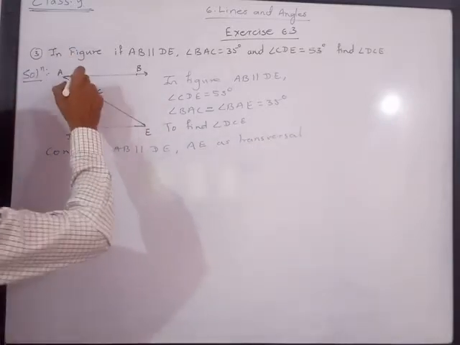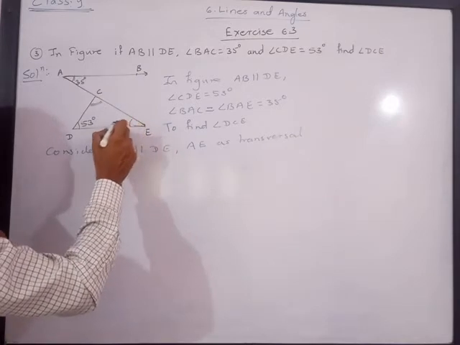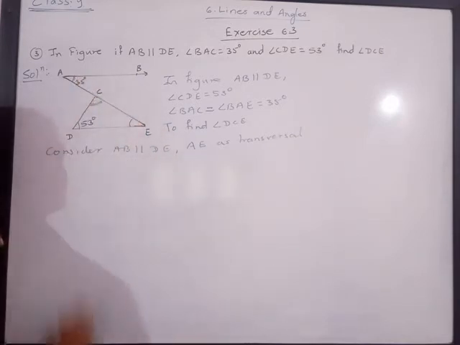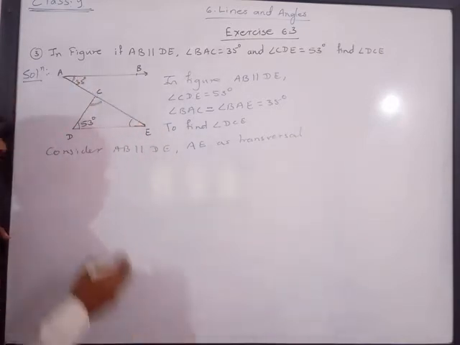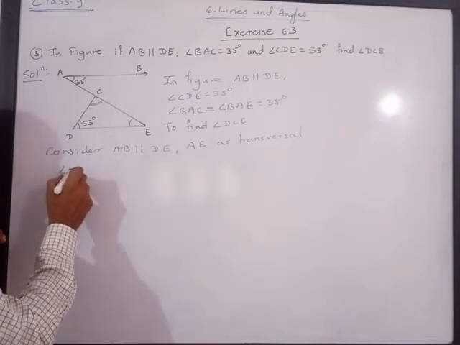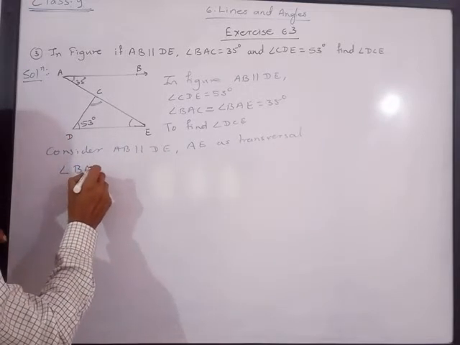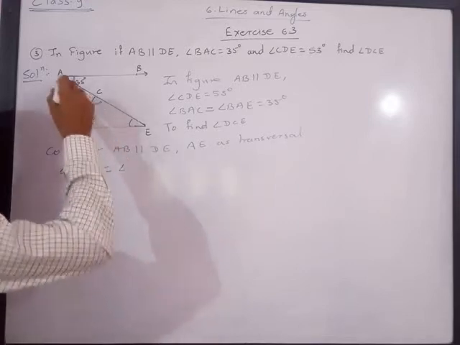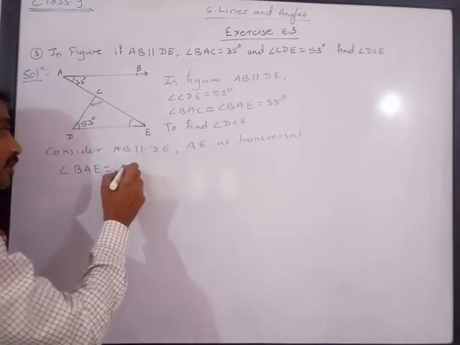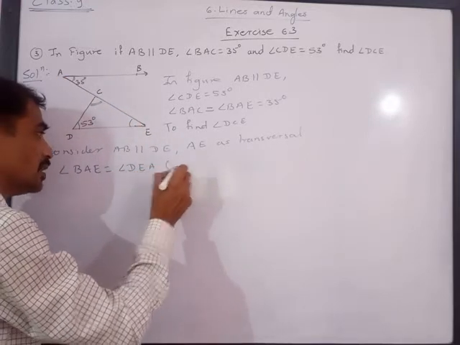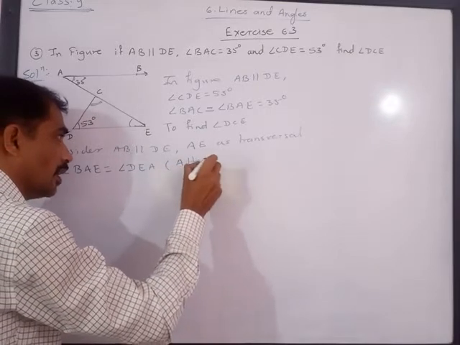So you will get this angle equal to this angle. The reason is they are alternate interior angles. So we have angle BAE is equal to angle DEA. Reason is alternate interior angle theorem.